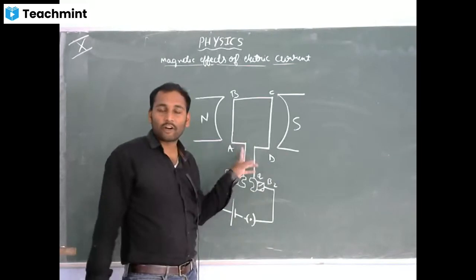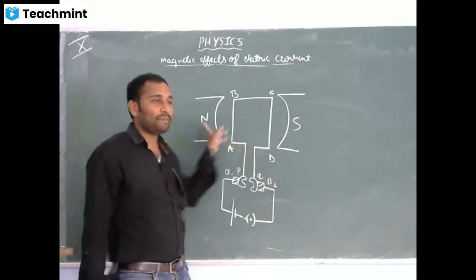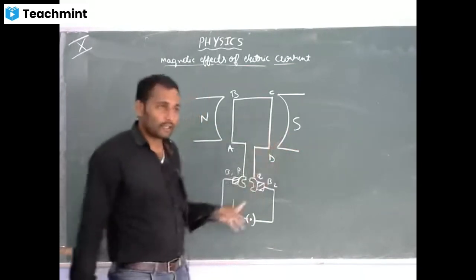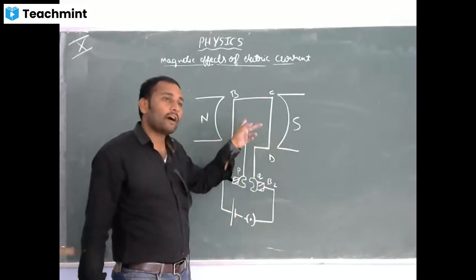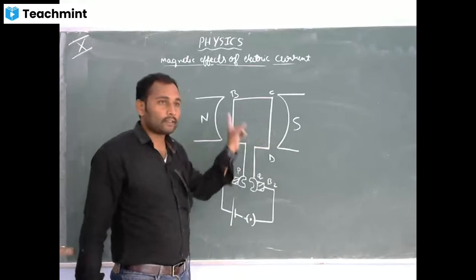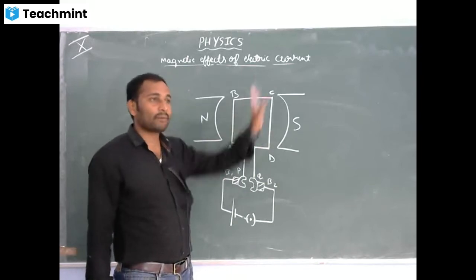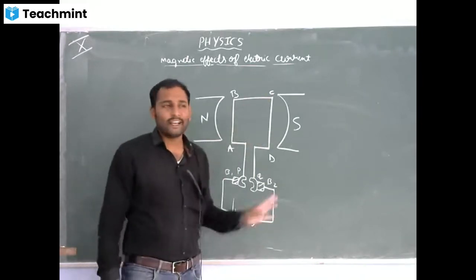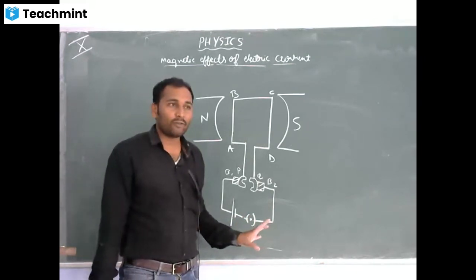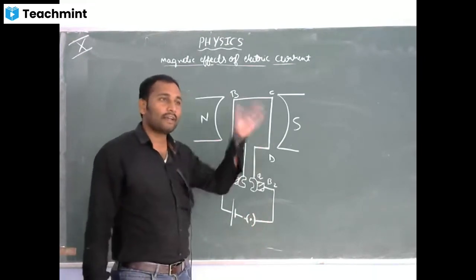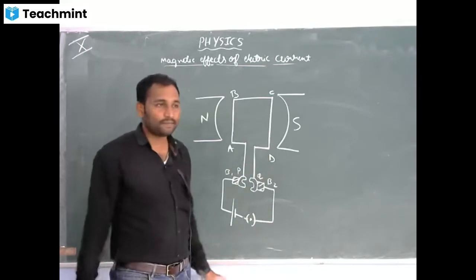When the rectangular coil or armature coil is placed between two powerful magnets and current is allowed to pass through the armature coil, the coil starts rotating. So this is the principle on which the electric motor works, or simply, it works on the principle of the magnetic effect of electric current, or force on a current carrying conductor in a magnetic field. Clear?